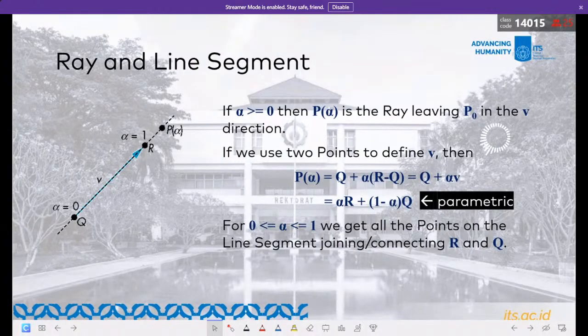And in addition to that, we can put this Q into the parenthesis, or maybe just simply put it this way.